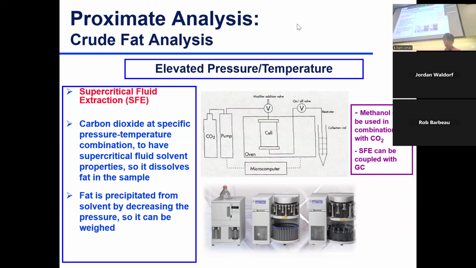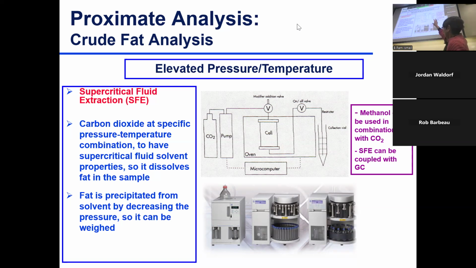another way to extract fat, also based on the hydrophobicity of the lipid component, is supercritical fluid extraction. So CO2 under high pressure and temperature becomes liquid. It goes into the cell where your sample is as liquid under pressure.